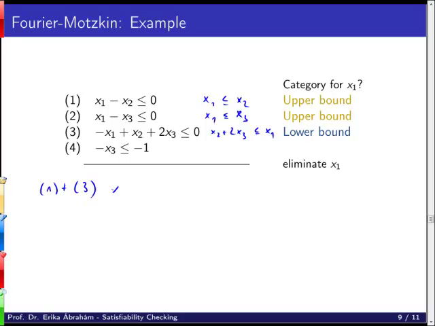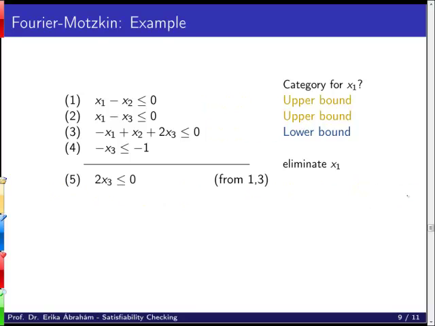The lower bound is x2 plus 2x3 less or equal to x1. The upper bound is x1 less or equal to x2. So what is the condition for this interval not being empty? Two x3 less or equal to 0.